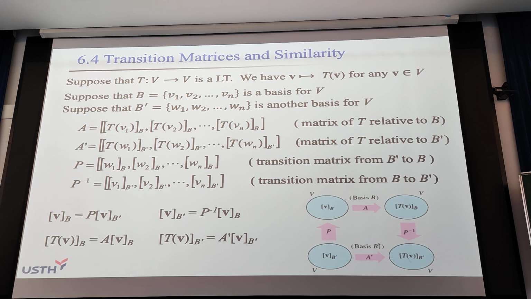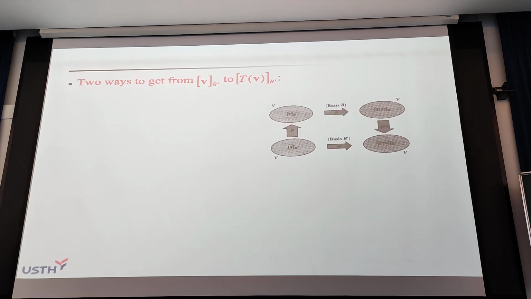So the slide shows you that picture. You go from here to there by using that way. That is what we say here. We have two ways to get from the coordinate of V relative to B prime to the coordinate of T of V relative to B prime. The first way, we call it the direct way, that is, we go by the down arrow here.